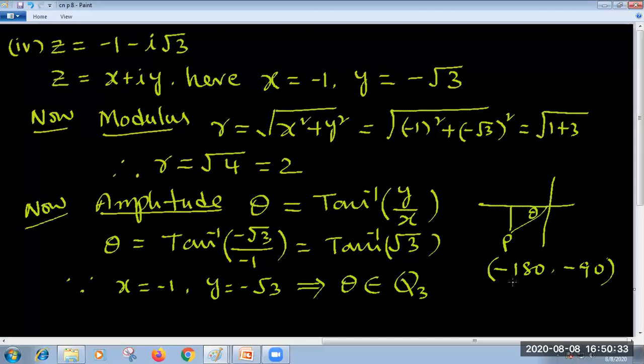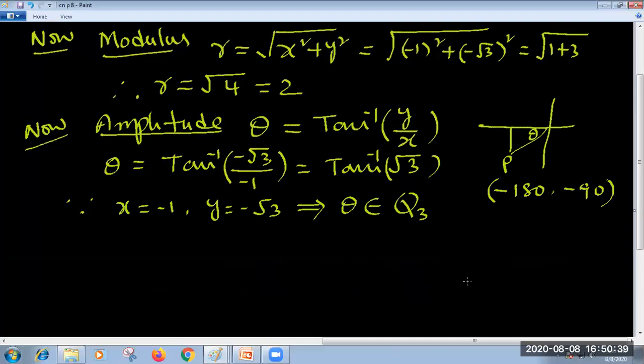We have to find the angle in the third quadrant, minus 180 to minus 90, which satisfies this equation. Theta is equal to tan inverse root 3. Tan 60 degrees is root 3, that is 60 degrees in the first quadrant. Then we calculate the negative angle in the third quadrant.